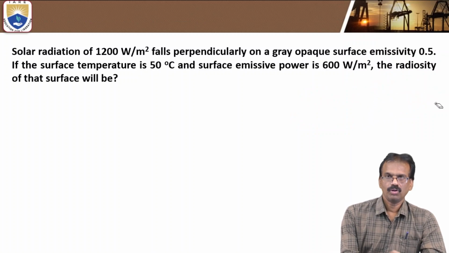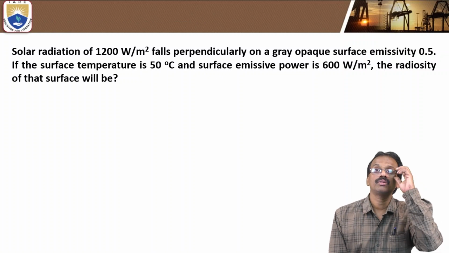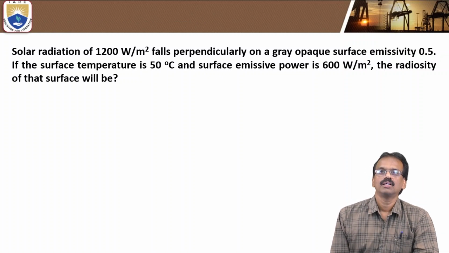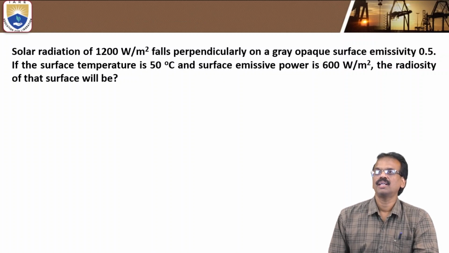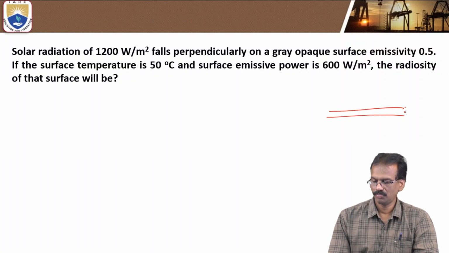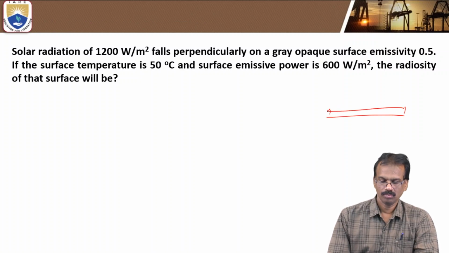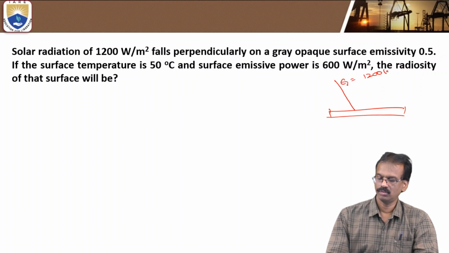Solar radiation of 1100 watt per meter square falls perpendicularly on a gray opaque surface. So the irradiation, the falling energy, G is equal to 1200 watt per meter square.